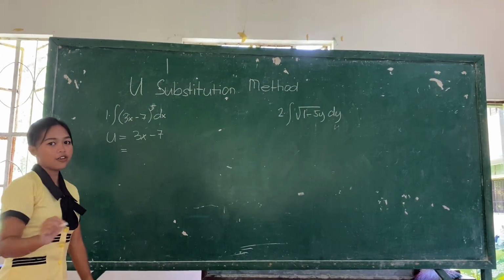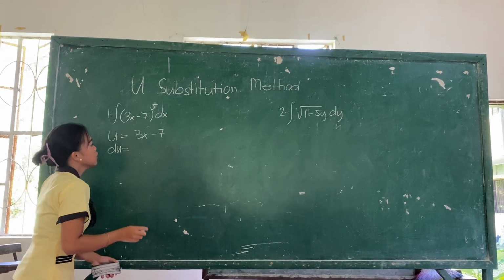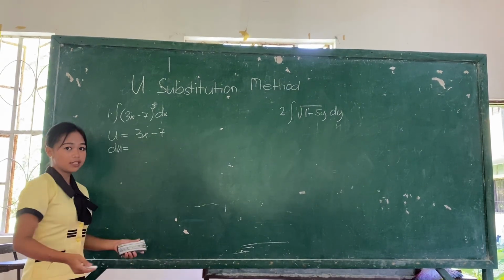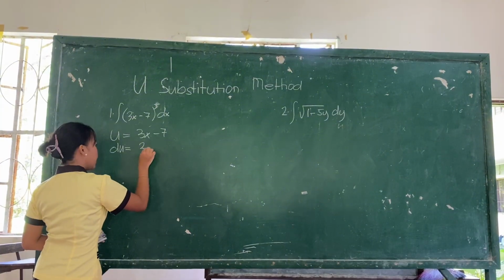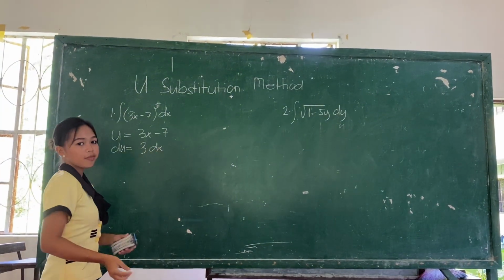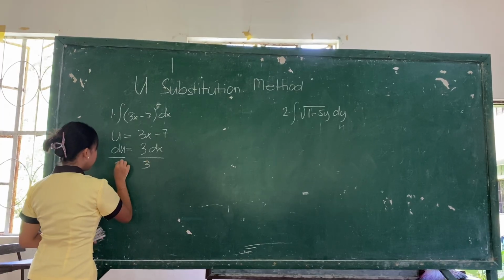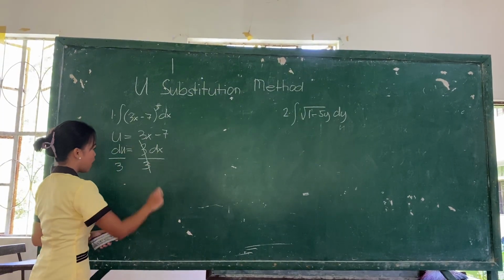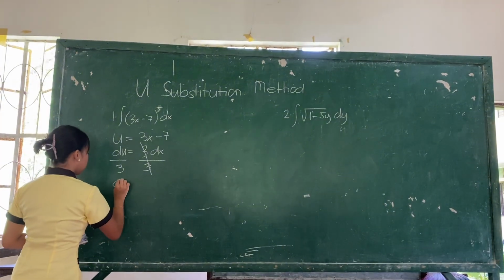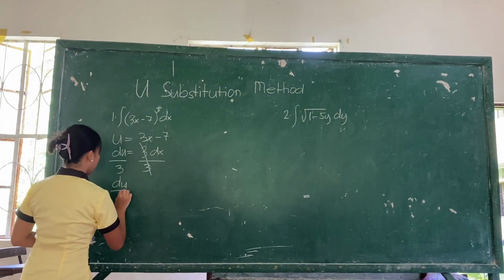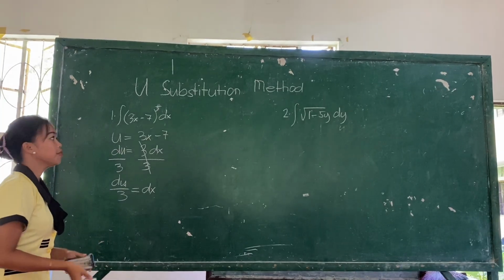Second, we will find the derivative of u, du. Since the constant is equal to 0, our derivative of u is 3 dx. Divide both sides by 3. We can cancel this out. So our dx is equal to du over 3.